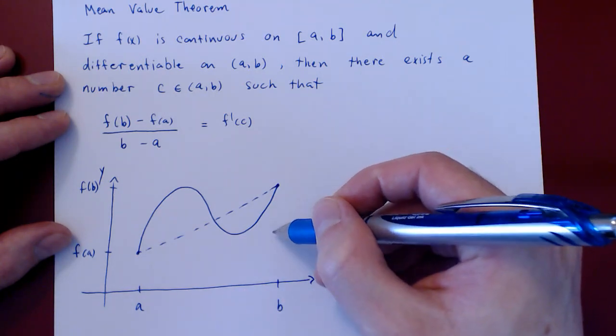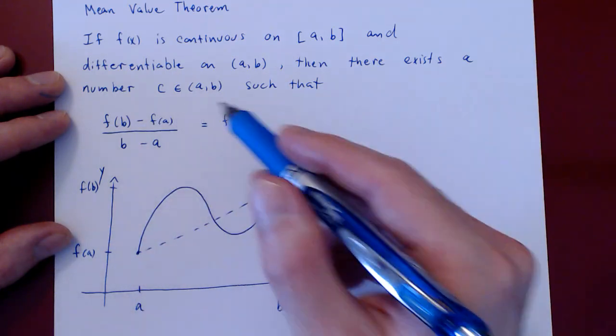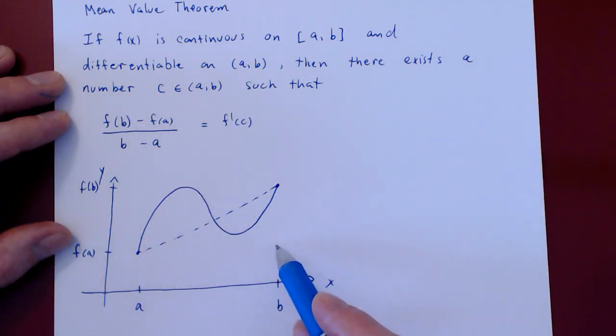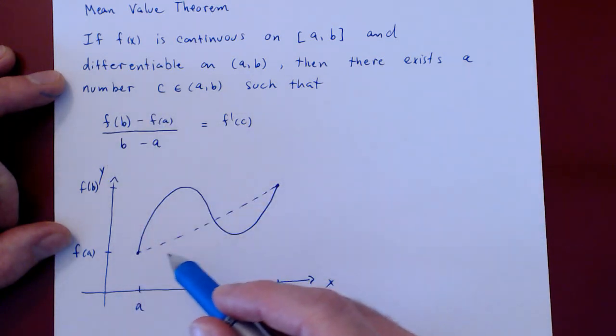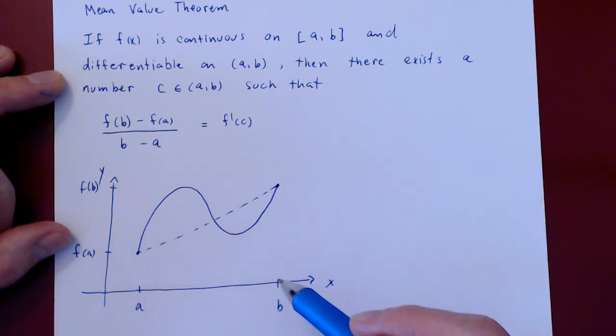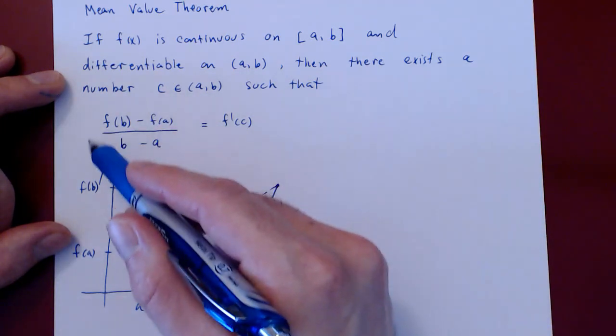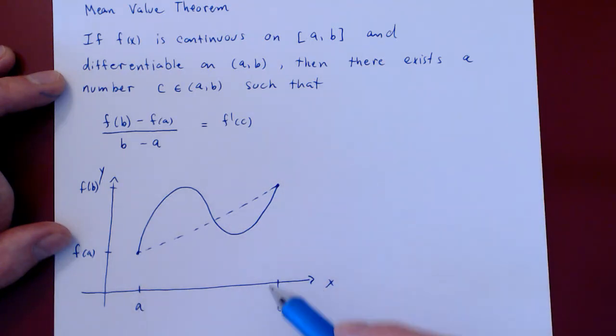The change in y of this line is simply f of b minus f of a. The change in x is b minus a. And so you see all this is the slope of the line connecting the points, and that is what is known as the average slope of the function f on the interval from a to b.